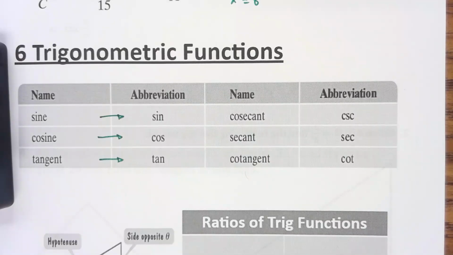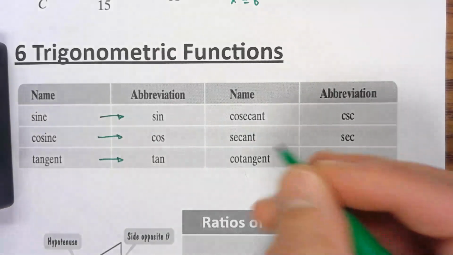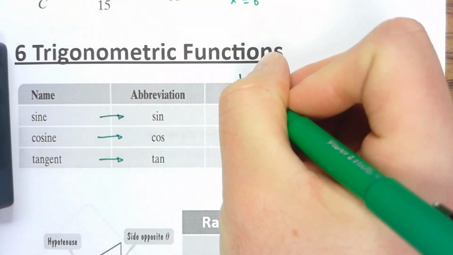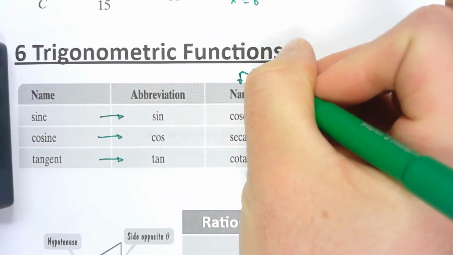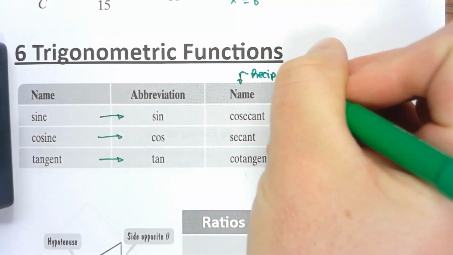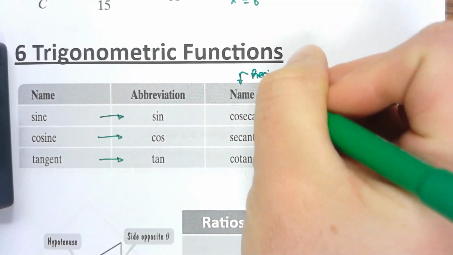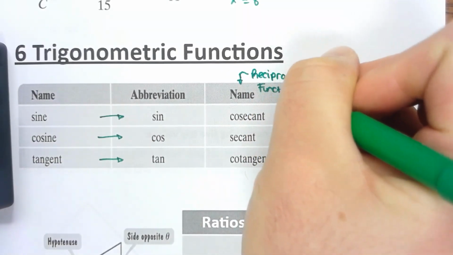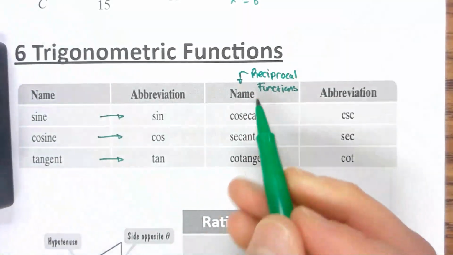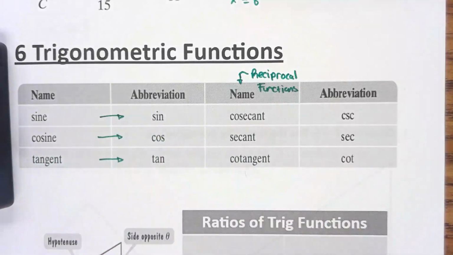And then probably new to us are what's called the reciprocal functions. And let's label that here. These are called the reciprocal. Okay, meaning they are the reciprocals of the original 3 trig functions.